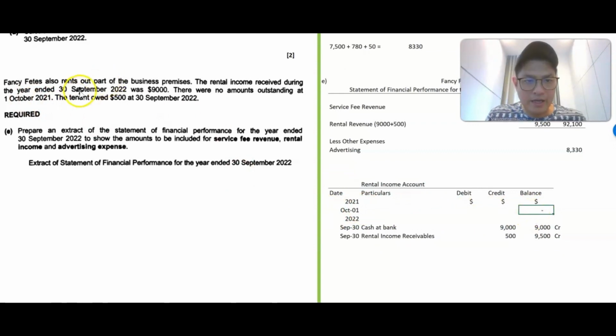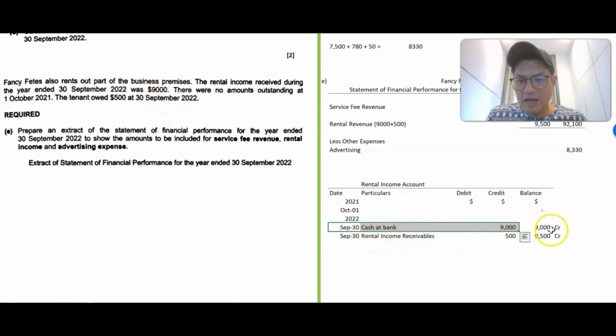Let's say on the last date of the year, you receive $9,000, and your double entry will be debit cash at bank, because your bank account goes up and bank is debit in nature, and credit rental income, which is credit in nature.